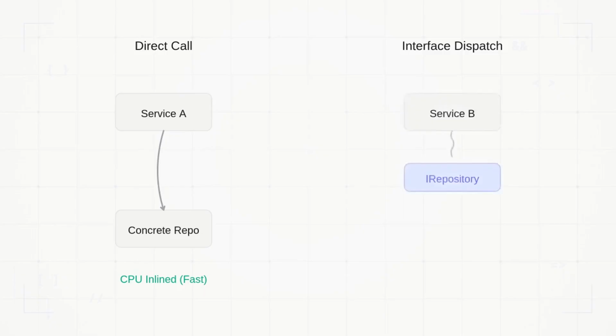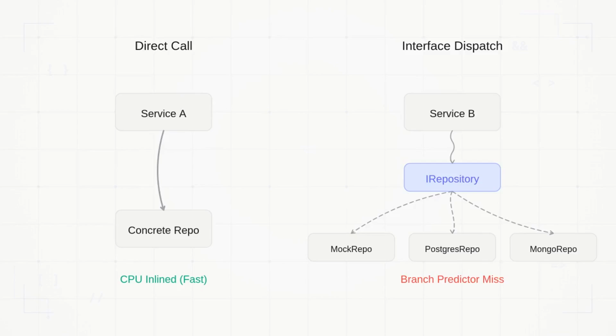Let's look at the first hidden cost: interface dispatch. In languages like Java, C# or Go, calling a method directly on a concrete class is blazing fast. The CPU can easily inline the code. But hexagonal architecture demands interfaces for everything. This means your application relies heavily on dynamic or virtual method dispatch at runtime.